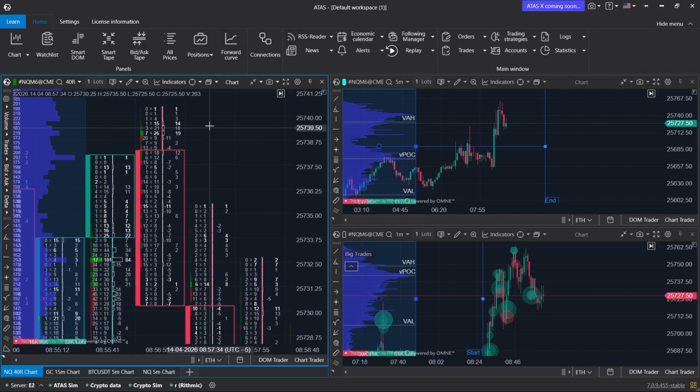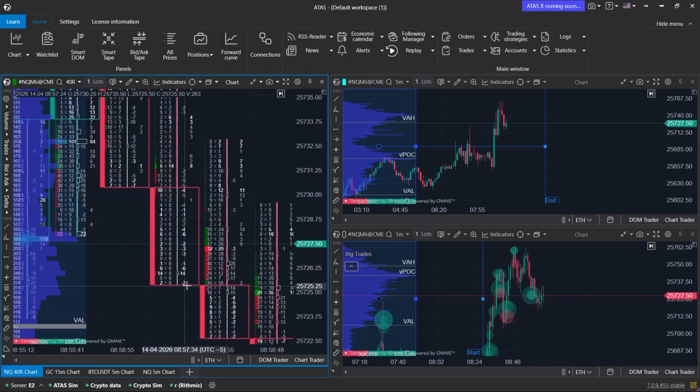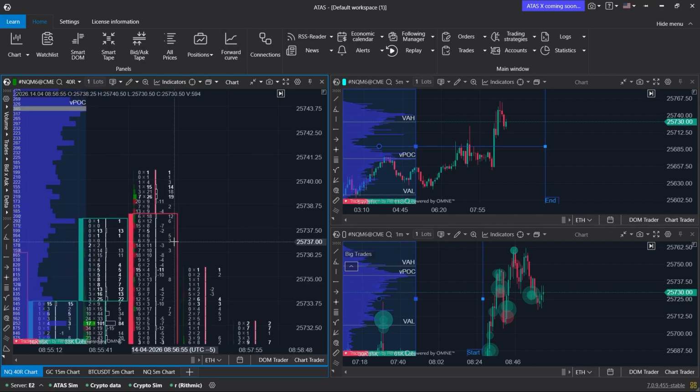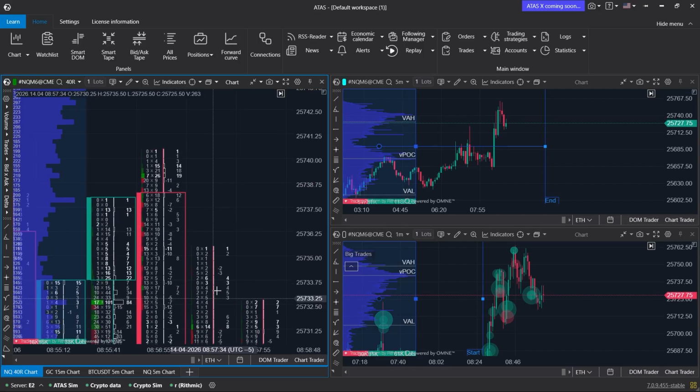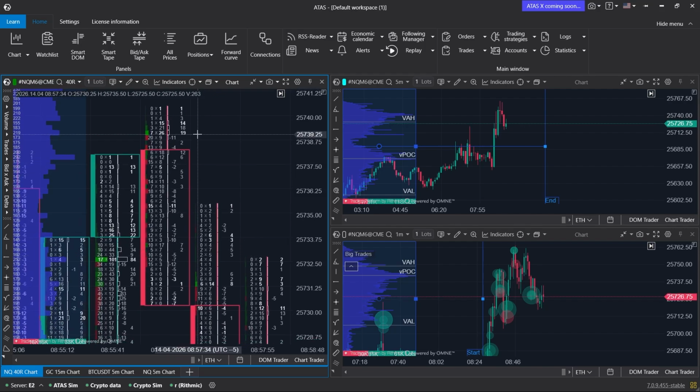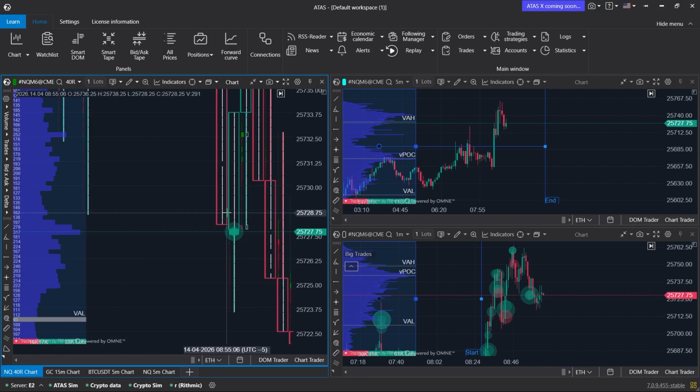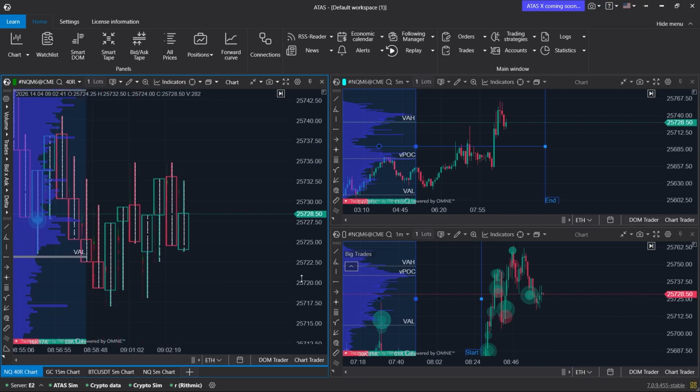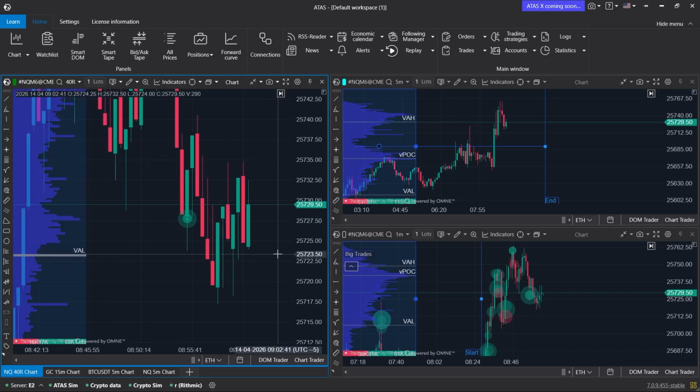As you can see, there are not a lot of trades placed at this candle and this candle. So it might just shoot out to here and then go back down, which is extremely possible in this case. Yeah, let's be patient and see what happens.